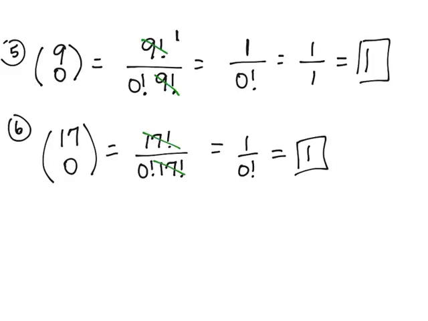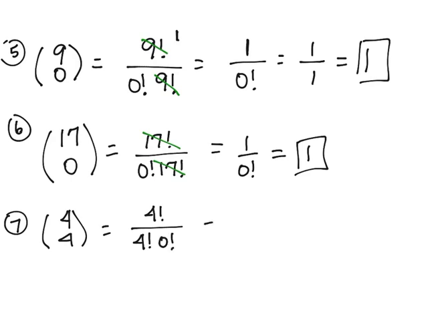What if you have the same number? What if we were to do 4 over 4? What would that give us? Well, that's 4 factorial over 4 factorial, and if you do the difference, that's 0.